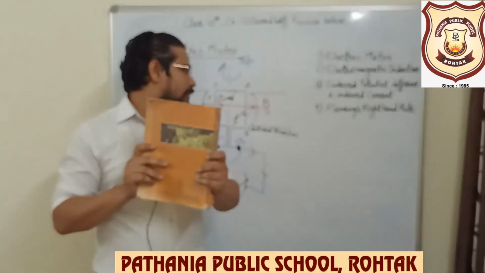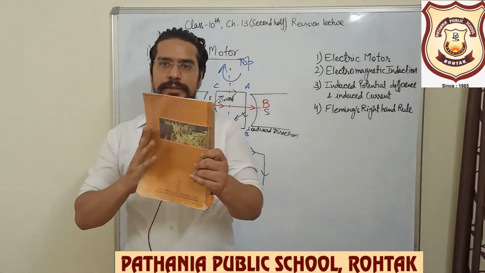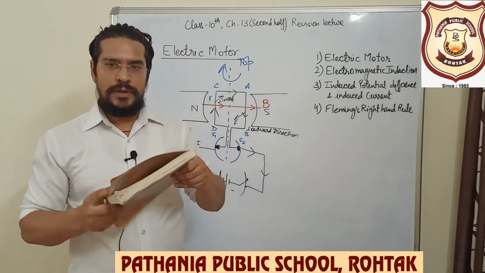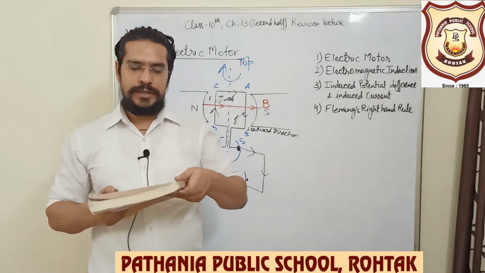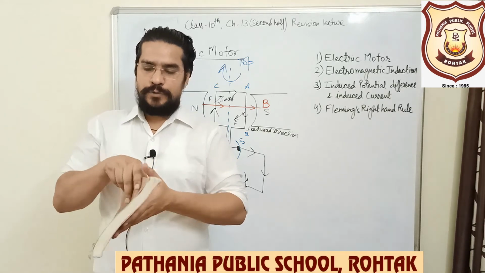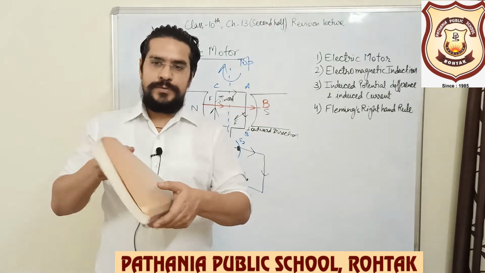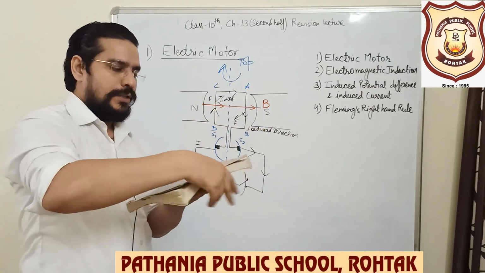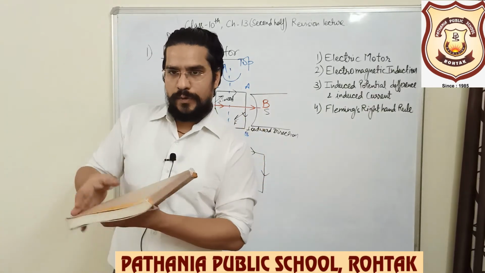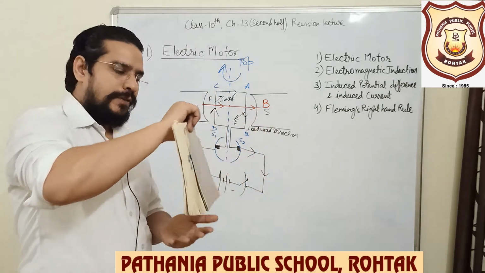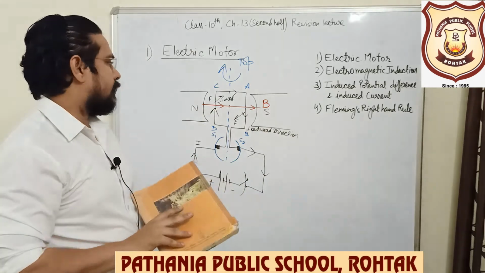If this is your armature and it is rotating like this, if you observe from the top side you see a clockwise rotation, but if you observe the same rotation from the bottom side, you will see it as anti-clockwise. So whether the rotation is clockwise or anti-clockwise is just our perspective of observing it, from which angle we are observing it.